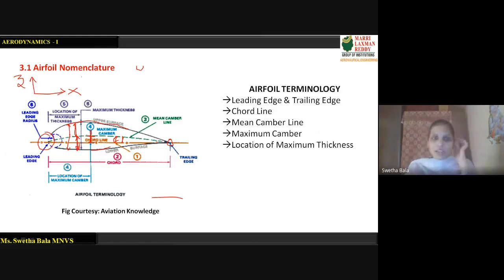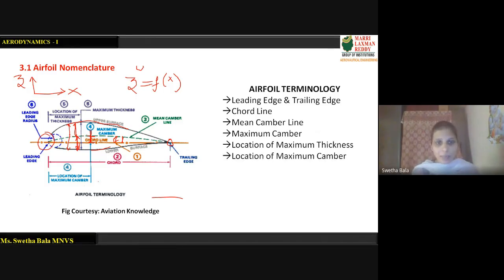So if I write the equation as z is a function of x, the curve, we'll be deriving this also, then I need these points. Where is the maximum camber? Where is the mean camber line? And all. The next one is location of the maximum camber.